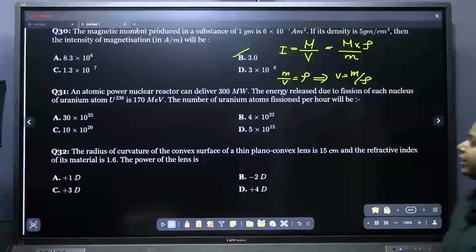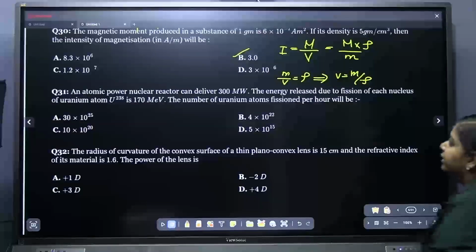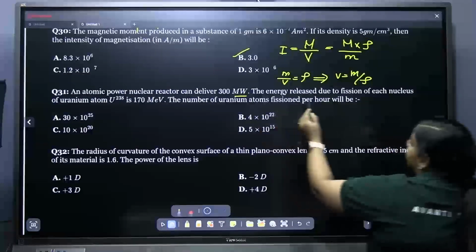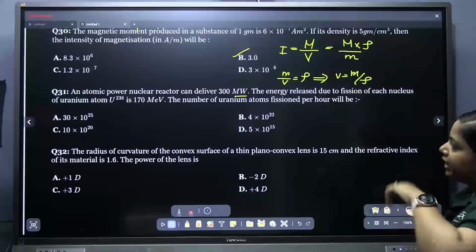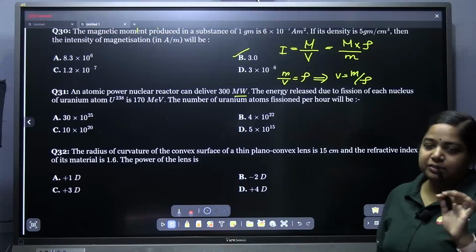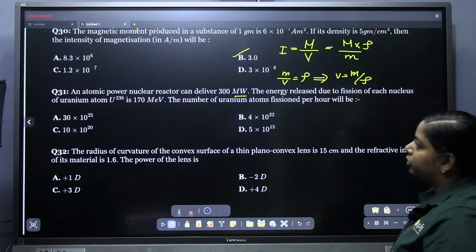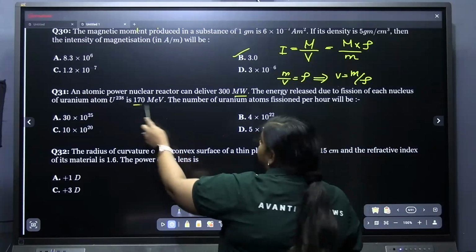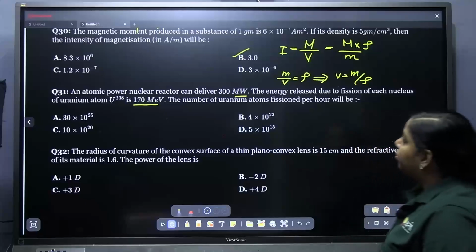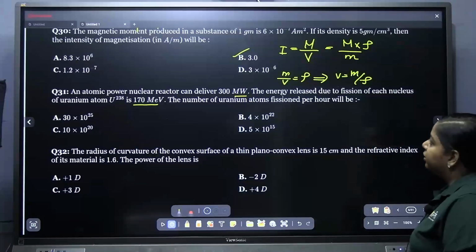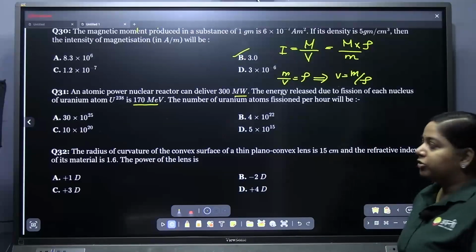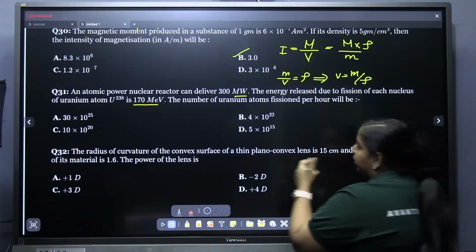An atomic nuclear reactor can deliver 300 megawatt, that is power. Energy released due to fission of each nucleus is 170 mega electron volt. The number of uranium atoms fissioned per hour will be. So, the number of atoms you have to find.